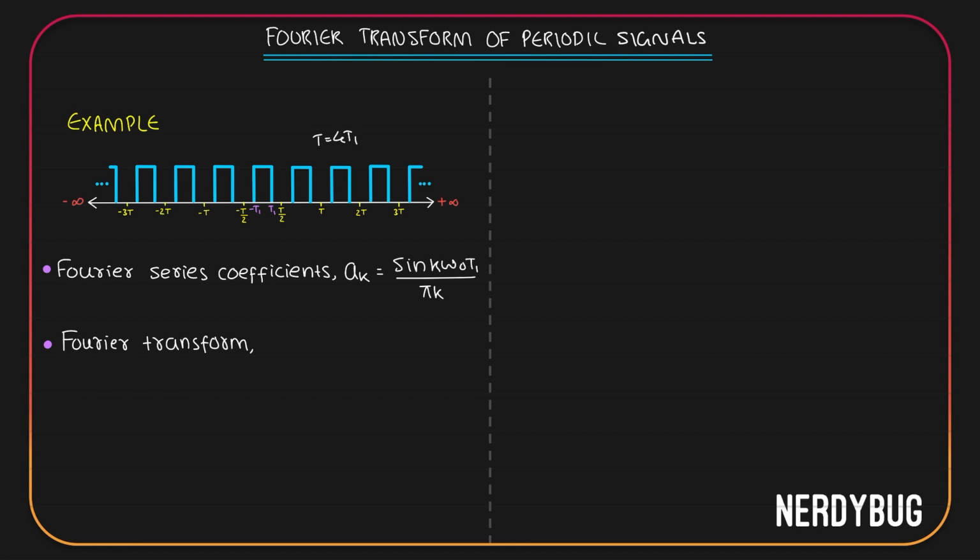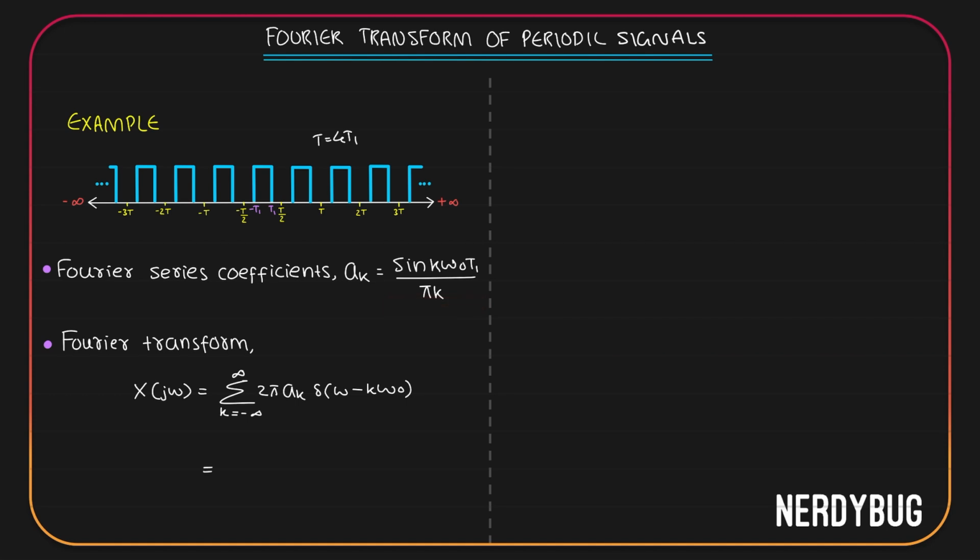Since this is a periodic signal, we have x of j omega is equal to summation from k equals minus infinity to infinity 2 pi ak delta of omega minus k omega naught. Here ak is sine k omega naught T1 by pi k.